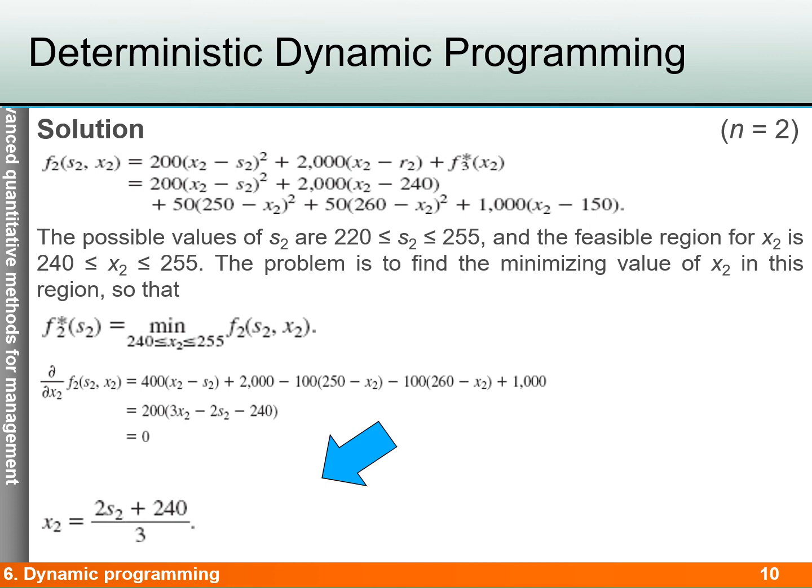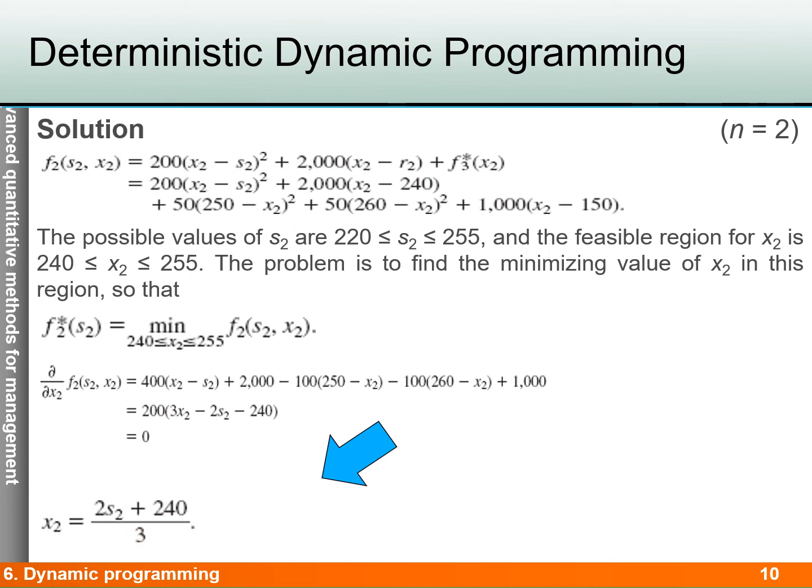Like the previous part, to find X2, we should differentiate this formula with respect to X2, as you see here, and it gives us this relationship. If we simplify this whole formula, we can calculate our X2 equal to 2S2 plus 240 divided by 3.